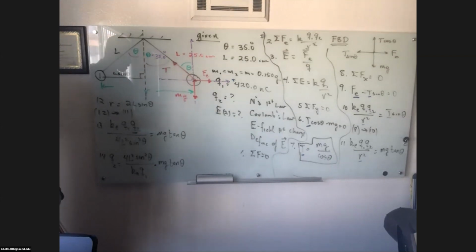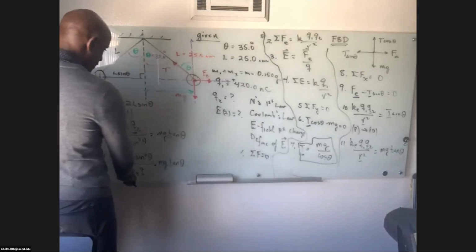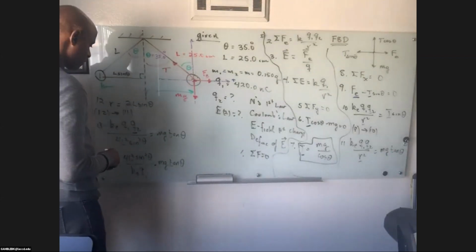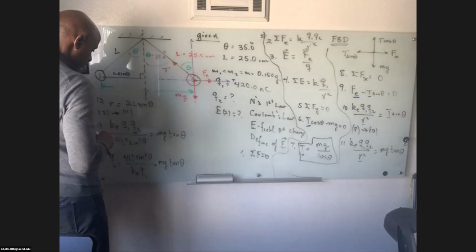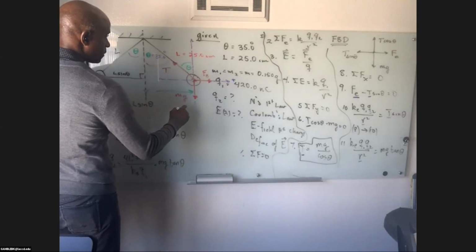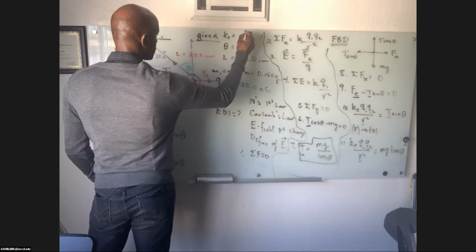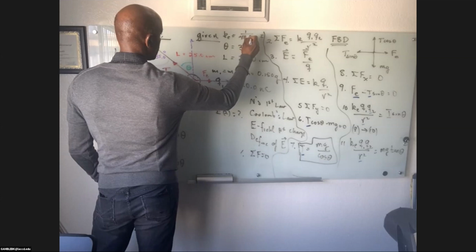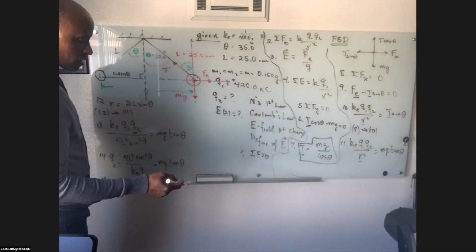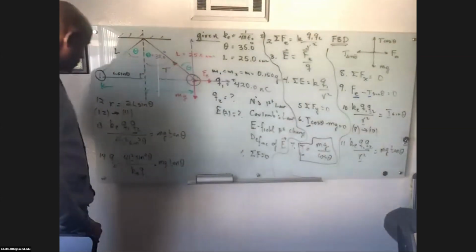I think it's worthwhile doing that. Now remember that K sub E is what? 1 over 4 pi epsilon naught. That's the definition of K sub E, right? The Coulomb constant is defined as 1 over 4 pi epsilon naught.